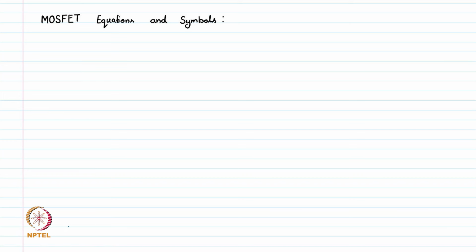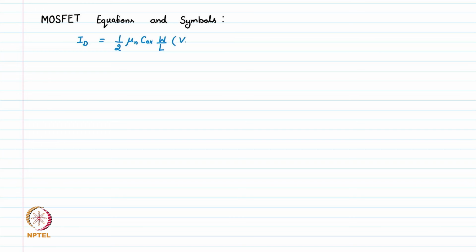To represent the MOSFET characteristic, we have the MOSFET current equation, which is ID or IDS. This is given by half mu n, which is the mobility of charge carriers, C oxide is the gate oxide capacitance, then W upon L, where W is the width of the transistor and L is the length of the transistor.